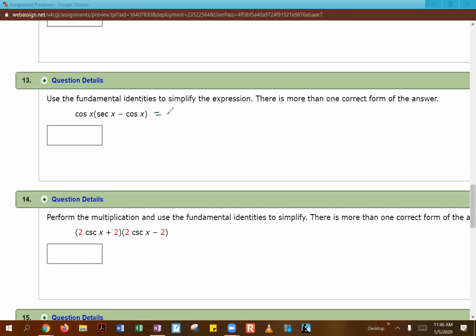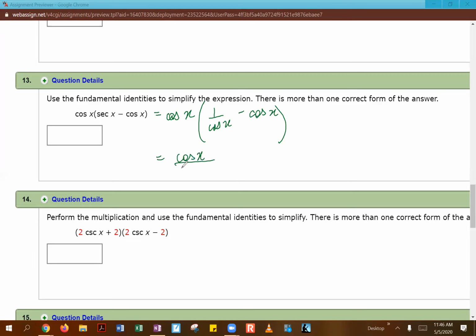Okay. So cosine of x on the outside, 1 over cosine of x minus cosine of x, okay? And then could I distribute the cosine of x? That way it's cosine of x over cosine of x minus cosine squared of x.